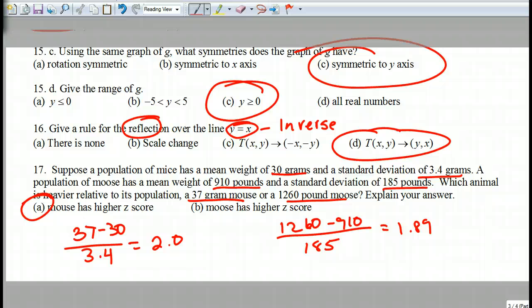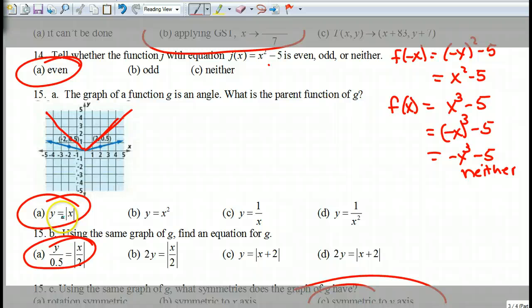Okay, as a real quick add, we were just talking about 15B, because this has a horizontal stretch of 2 on this one, and a vertical smoosh of 2. So this would be like saying y equals x. Because it's shrunk vertically by 2, that is going to be listed as the opposite.